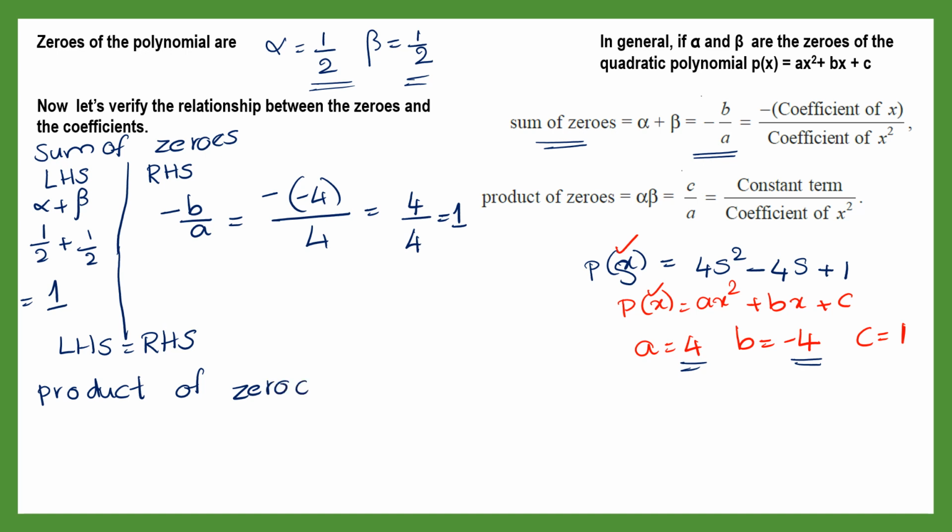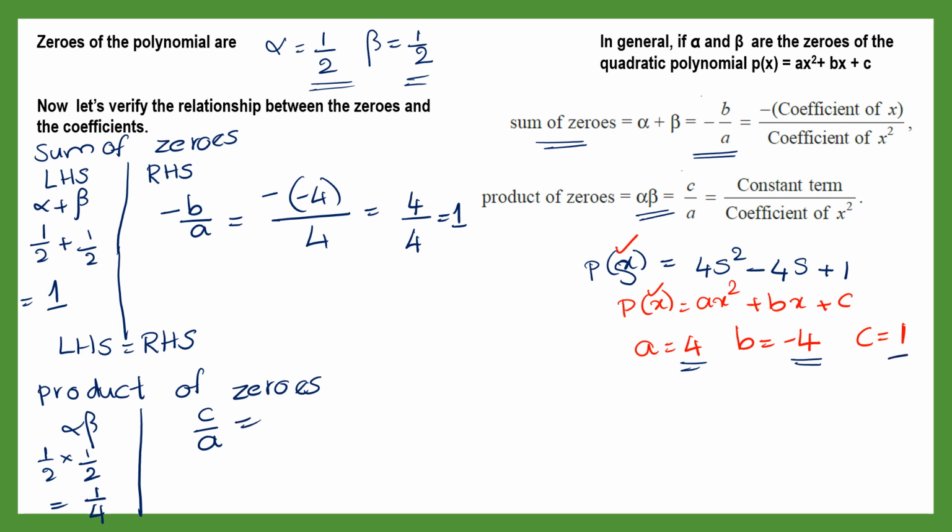Next, let's verify product of zeros. Product of zeros is alpha into beta, that means 1 by 2 into 1 by 2, which is 1 by 4. Using the coefficients, product of zeros is c by a.